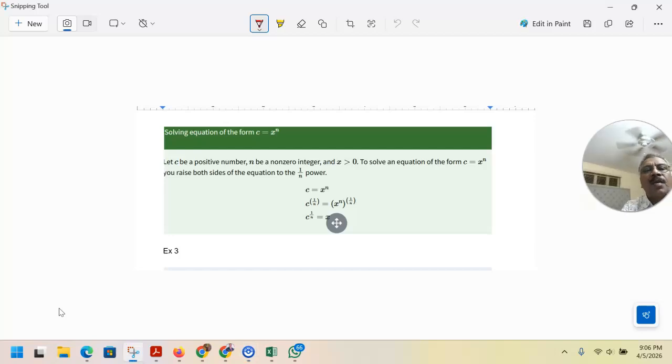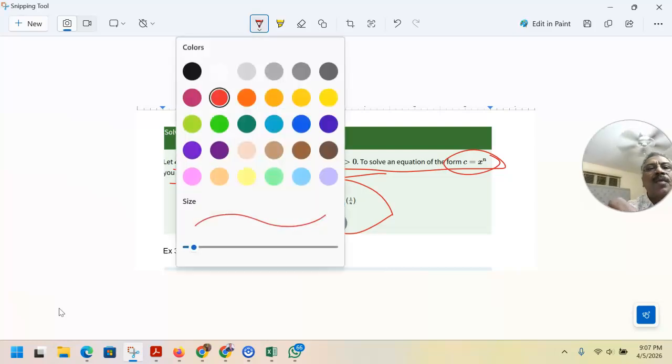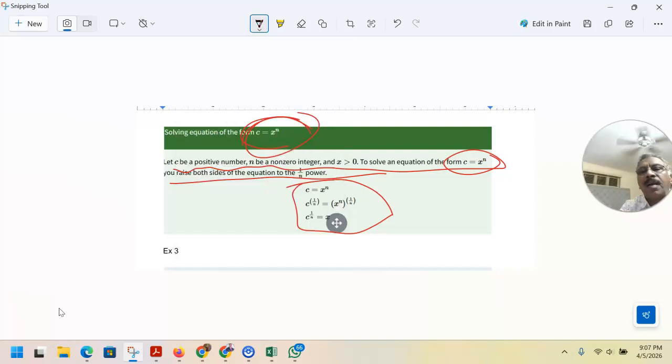Now, solve. How do we solve an equation like this? So this one gives you an example of how we solve this. The way they show it looks confusing, but I'll try to show it with some example. Let's see. If you have 25 equals x squared, what does this basically mean? It is x squared is 25.